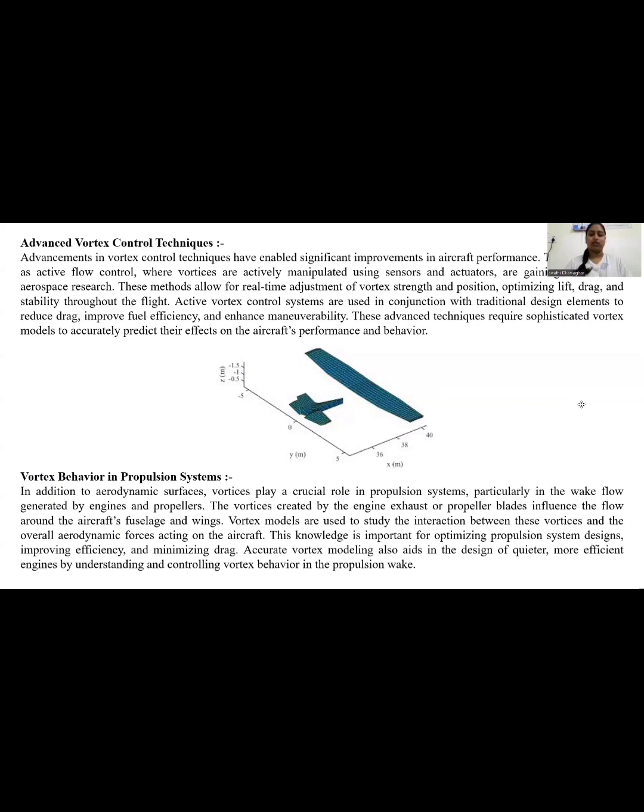Vortex models are used to study the interaction between the vortices and the overall aerodynamic forces acting on the aircraft. This knowledge is important for optimizing propulsion system design, improving efficiency, and minimizing drag. Accurate vortex modeling also aids in the design of more effective engines by understanding and controlling vortex behavior in the propulsion wake.